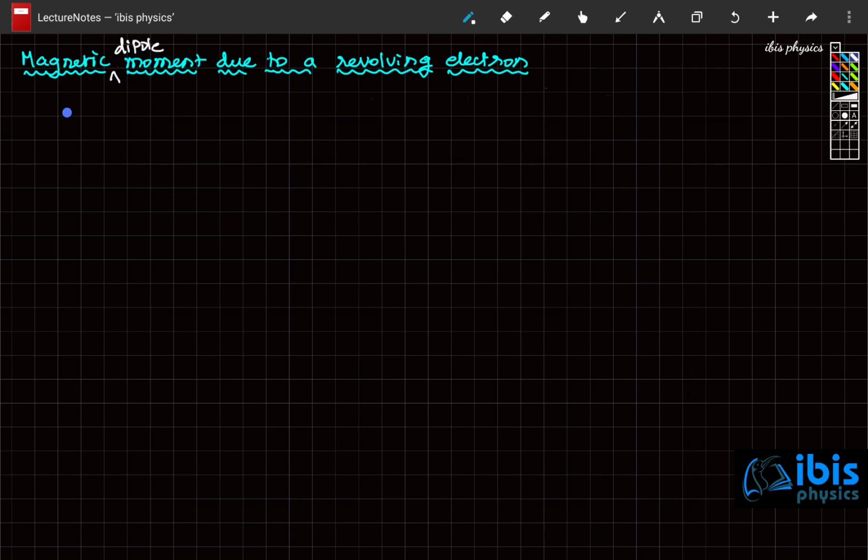The first point, magnetic moment or magnetic dipole moment. Initially we derived the magnetic field of a current carrying circular coil at a point along the axis at a distance x, and we compared this with the magnetic field due to a bar magnet. We compared these two magnetic fields to arrive at the magnetic moment being the product of current and area.